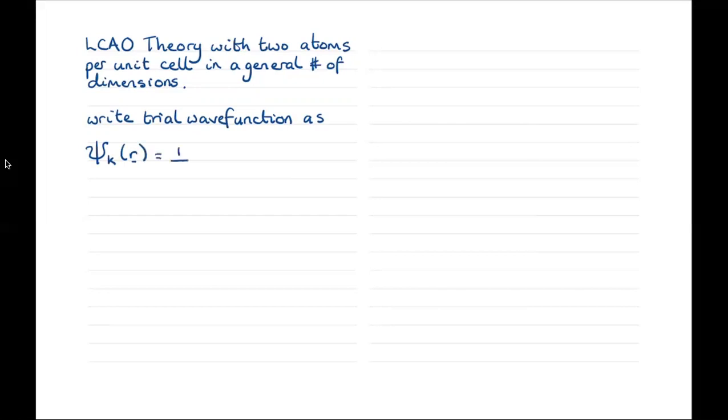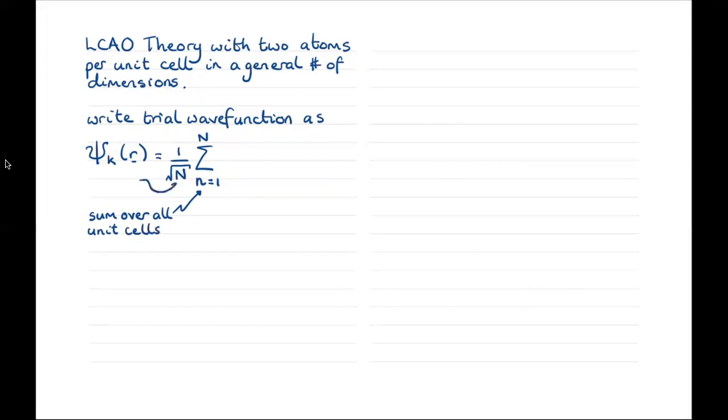Let's normalize it by 1 over the square root of the number of unit cells, and we'll sum over all of the unit cells. Of course, in a truly periodic infinite solid, N would go to infinity, but to keep the mathematics convenient, we'll make it finite.